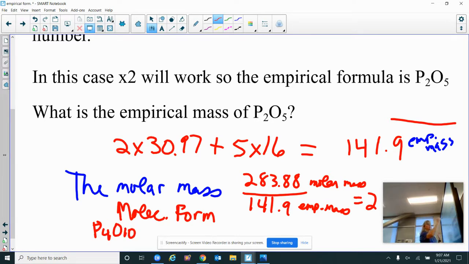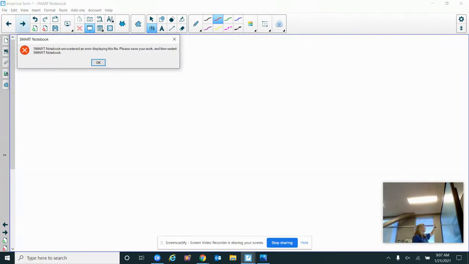Okay, so I'm taking that empirical formula and multiplying it by 2. That's the extra step to go from empirical formula to molecular formula. All right, let's look at a few more examples.